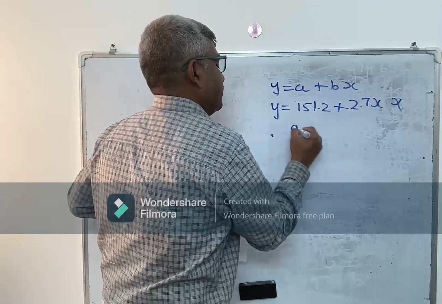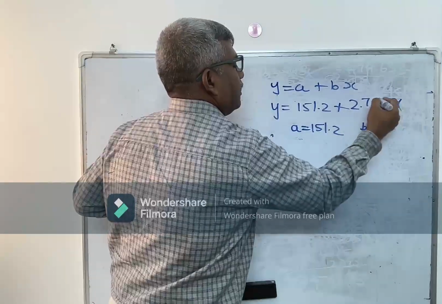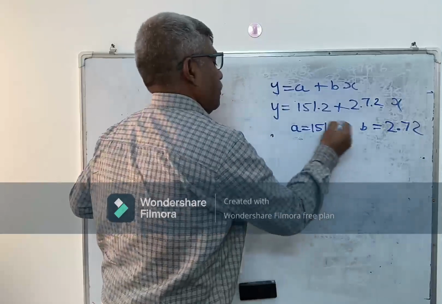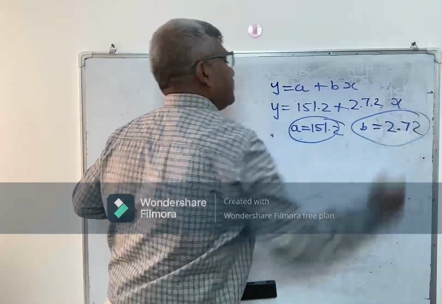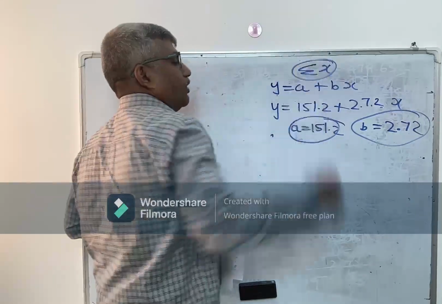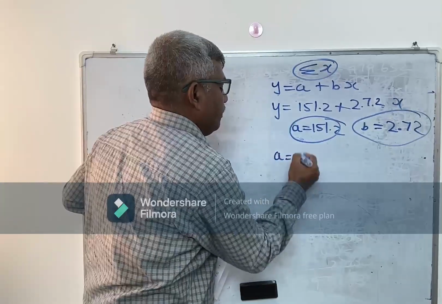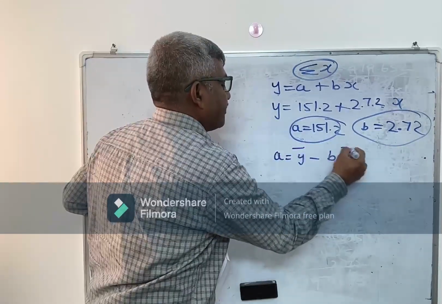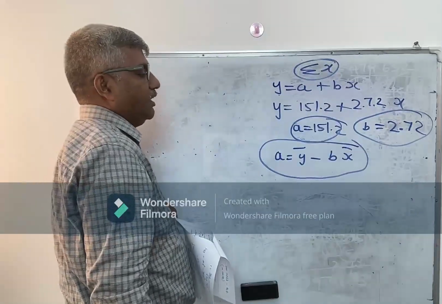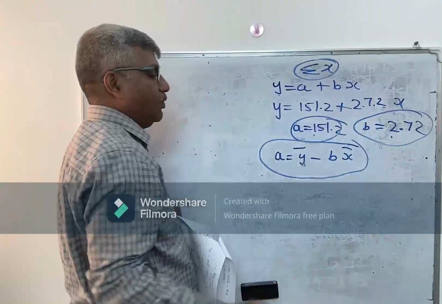That means a is 151.2 and b is 2.72 over 1. Now our task is to find the sigma x. For that only we are working now. Now, what is a? We know that a is y bar minus b x bar. Now a is given, b is given, and y bar you can find out.